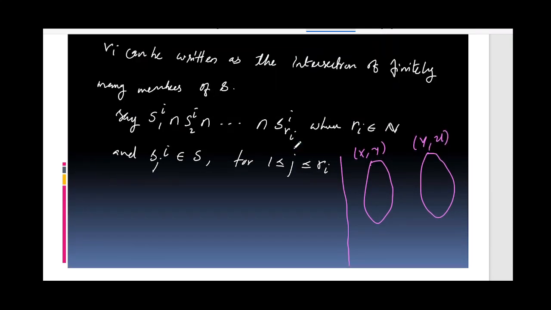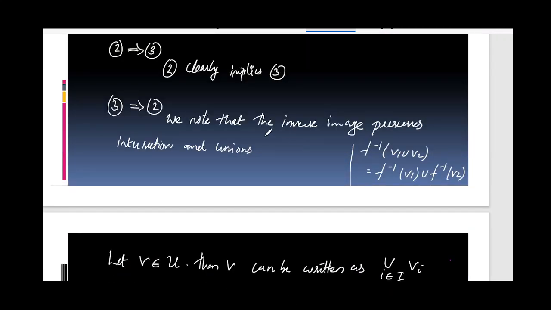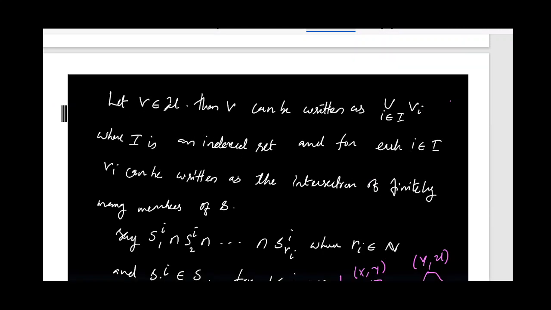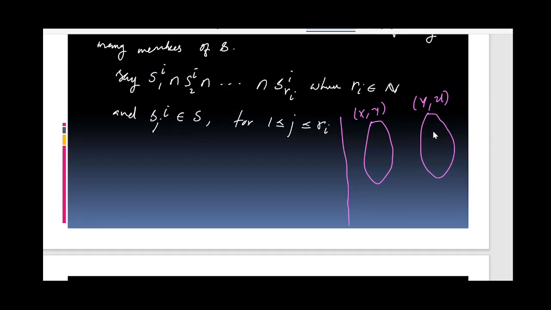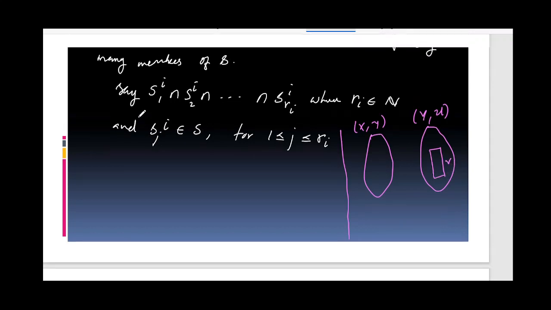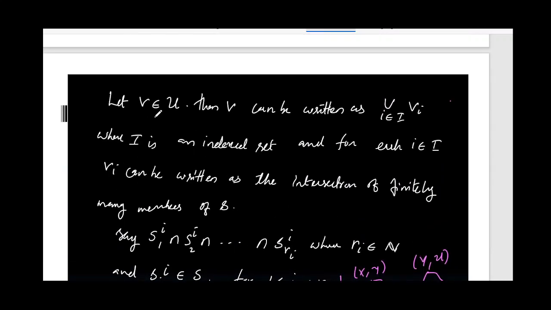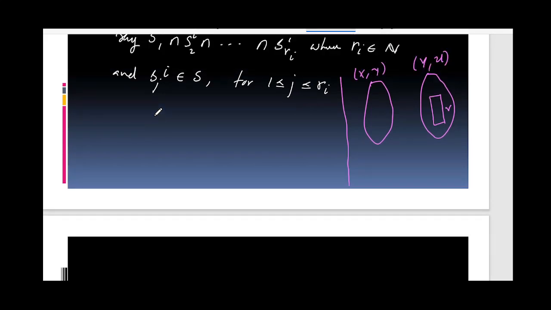So you have assumed that there exists a subbase. And what you're going to do is, this is your X with topology T and this is your Y with topology U. Now let V belong to U. So here we are having an open set, suppose I am taking this as my open set, so this is my V. Then we have assumed that there is a subbase, right?